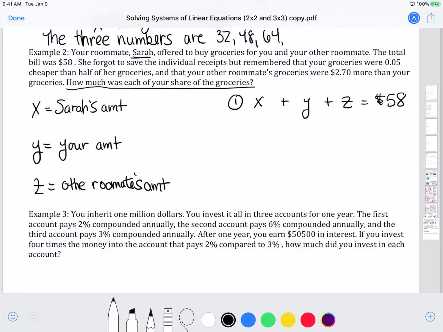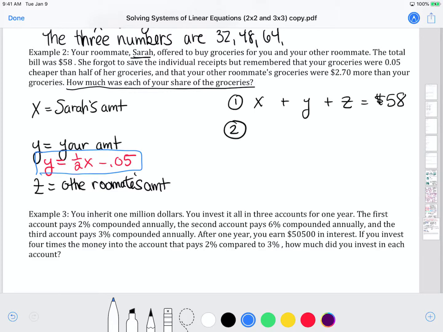Now it also tells us that your groceries were 5 cents cheaper than half of hers, meaning Sarah's. So your amount is going to be half of Sarah's, and then 5 cents cheaper, so I'm going to subtract 5 cents. So for the second equation, I'm going to put all my x's, y's, and z's on one side and my constant on the other.